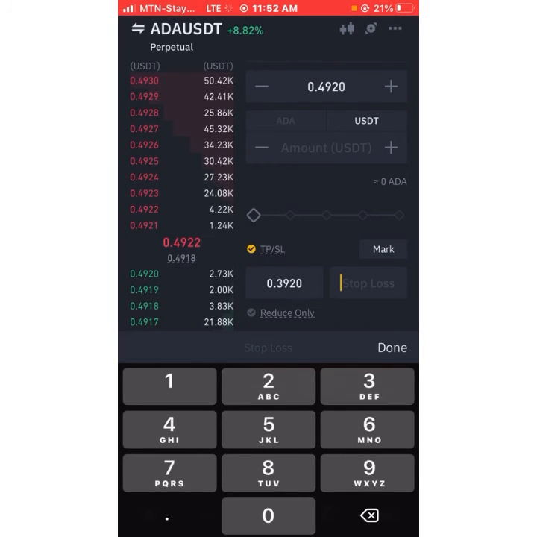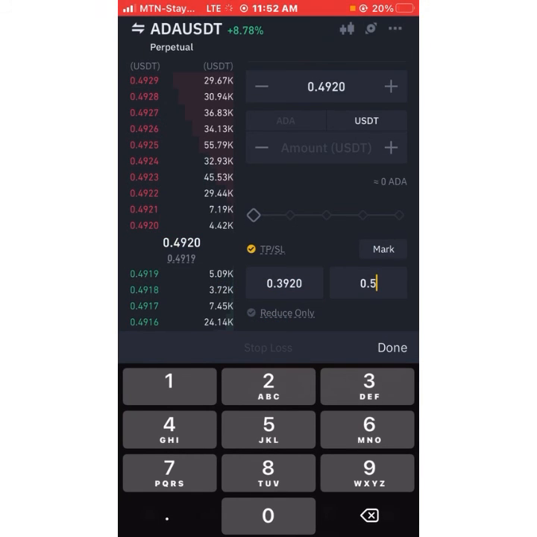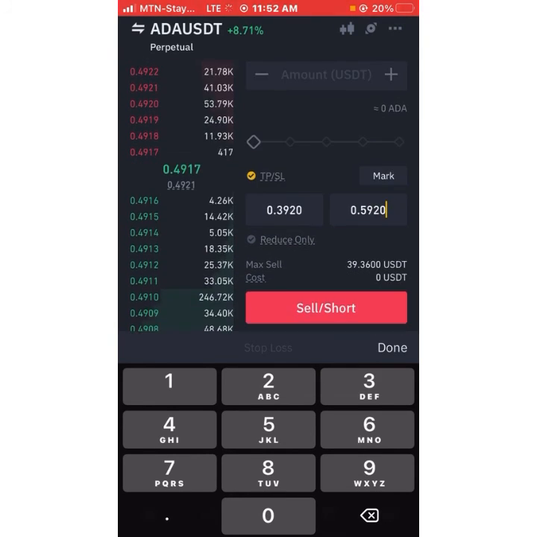Then my stop loss, I'll put it at 0.5920. Okay, all right, then I click on sell.